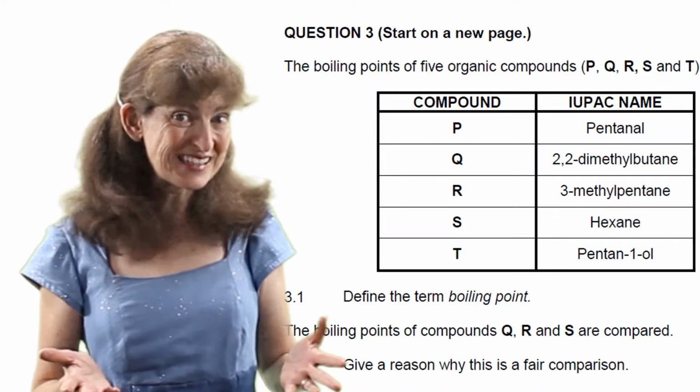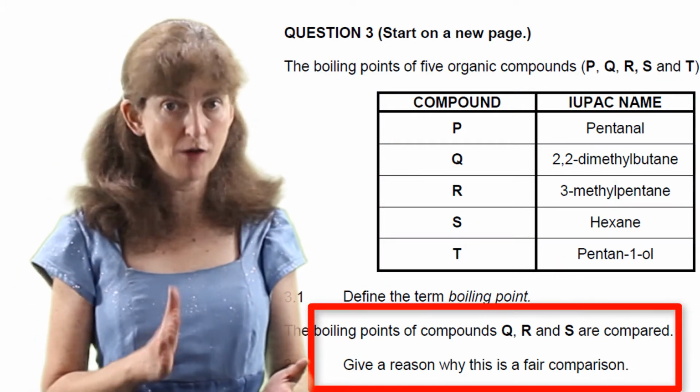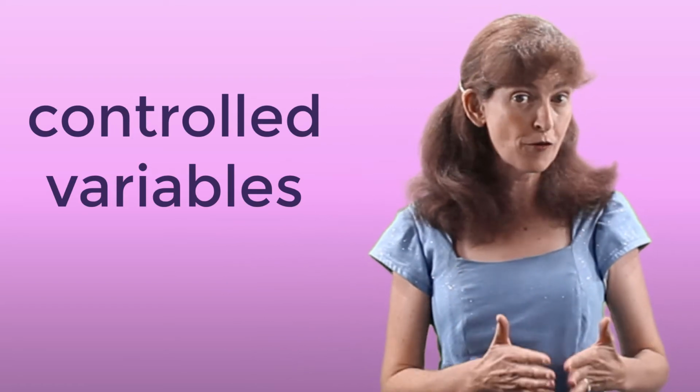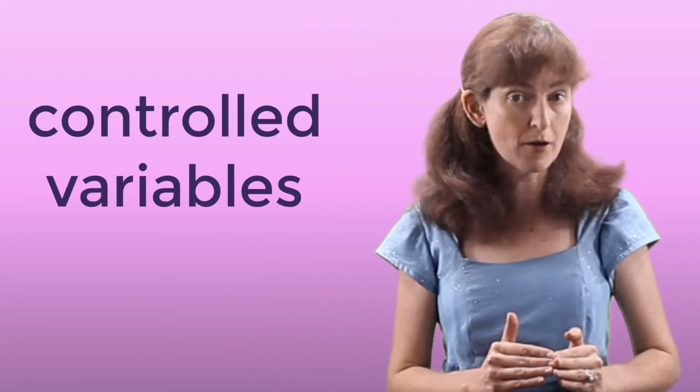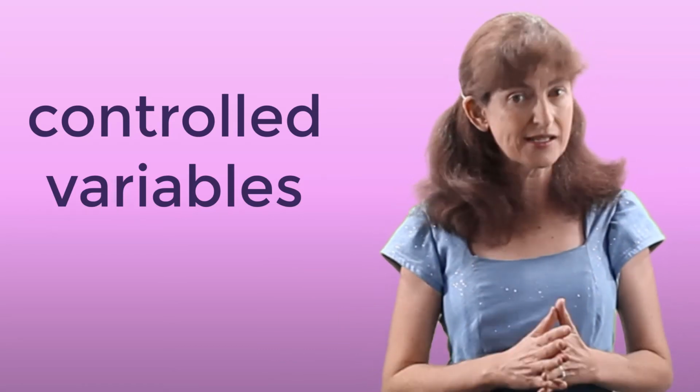How do we know that? Well, if it wasn't obvious already, we're asked now to explain why comparing the boiling points of Q, R, and S is a fair comparison. Whenever we ask something about a fair comparison or a fair test, we know that we're referring to an investigation and we're particularly referring to the controlled variables within that investigation.